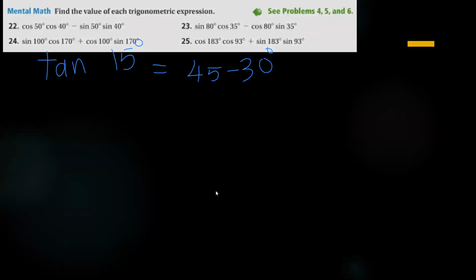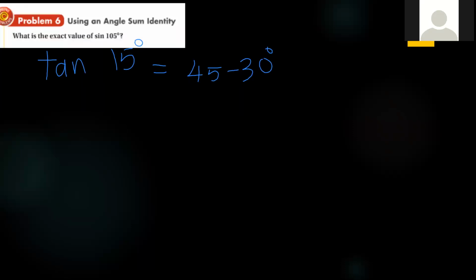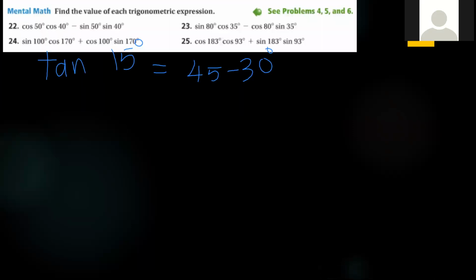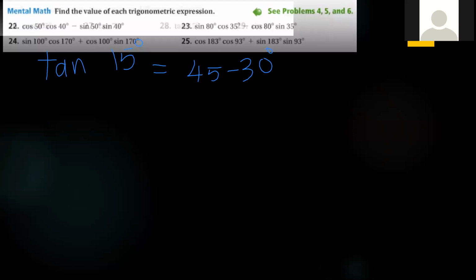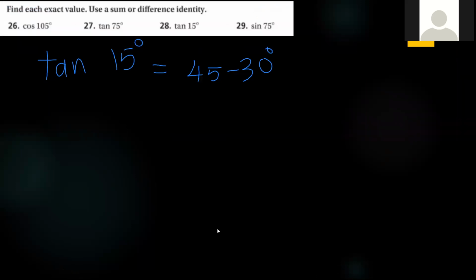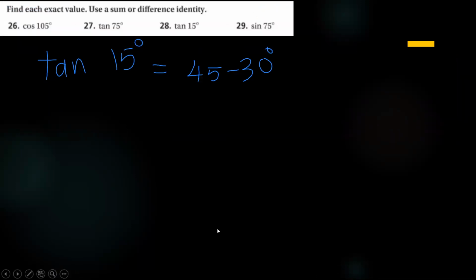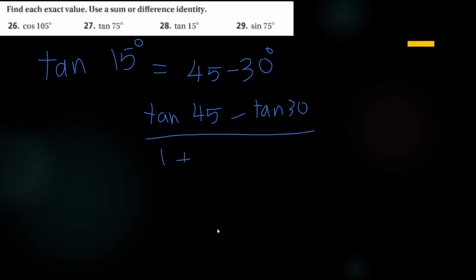Just a second. So it's tan 45 minus tan 30 over 1 plus tan 45 times tan 30. Yeah, it will be tan of 45 minus tan of 30 over 1 plus tan of 45 tan of 30.